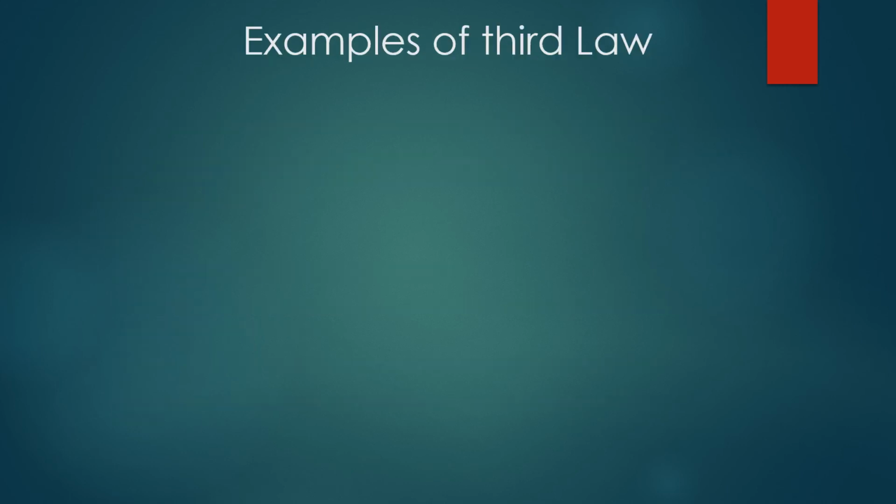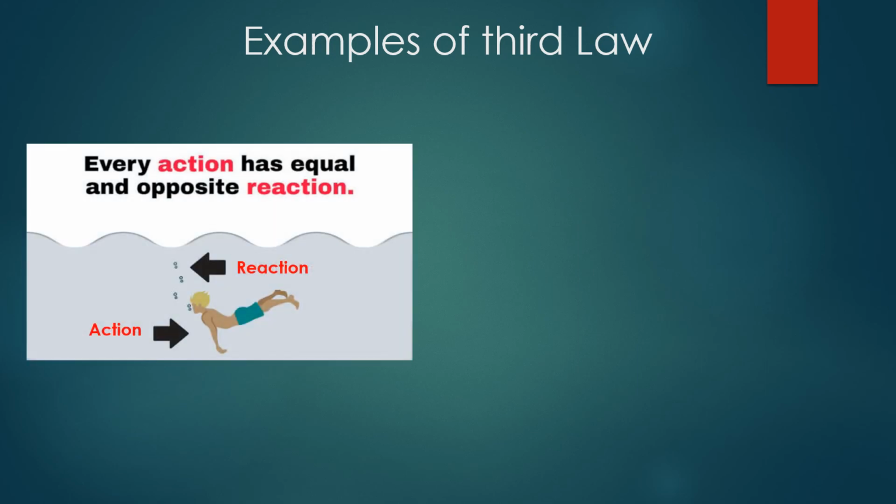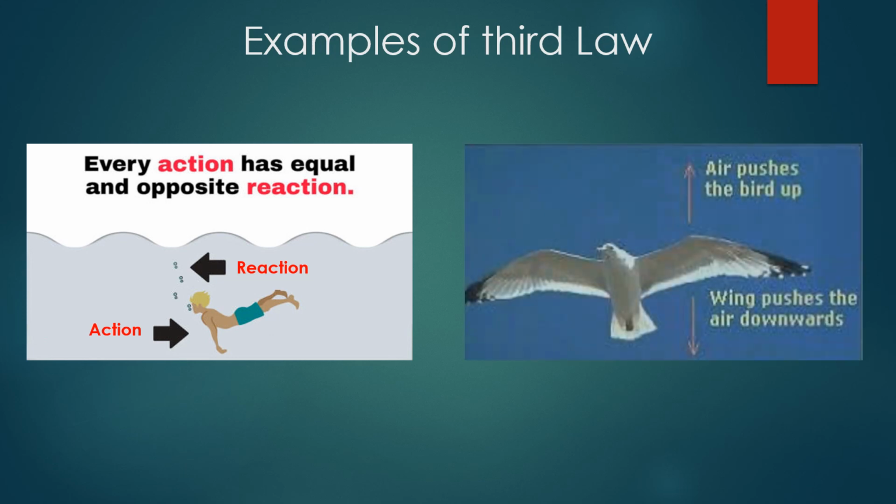Here are some examples of Newton's third law. While swimming, we push the water back and we go forward. Going forward is the reaction, and pushing the water back is the action. The second example is a flying bird.